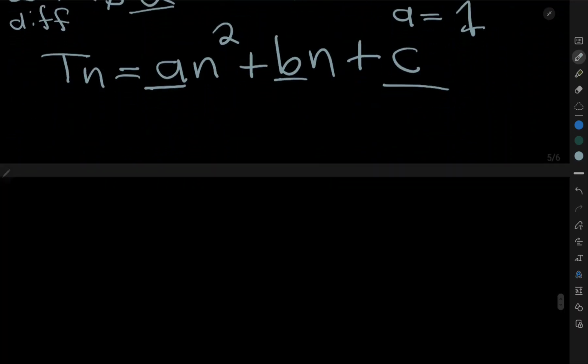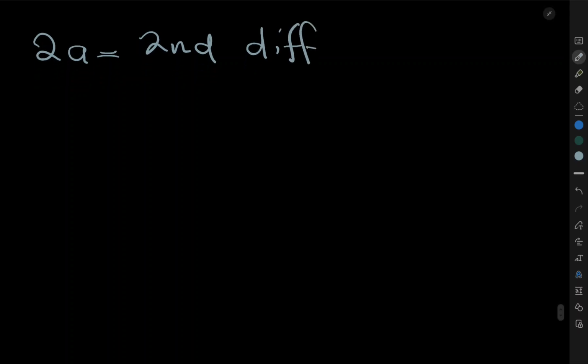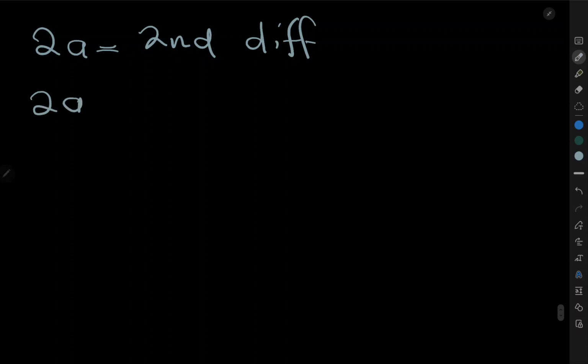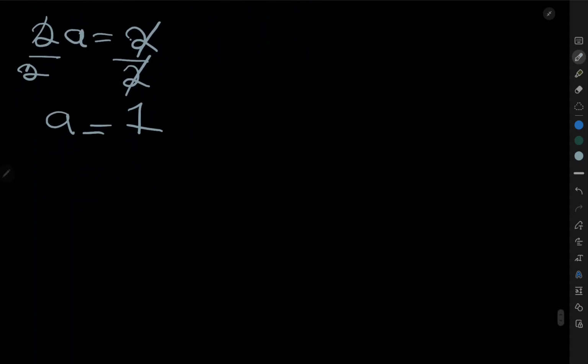I'm just going to rewrite that on the next page so that you can see. We say 2a is equal to the second difference, which we've already seen was 2, and we divide that by 2, and that gives us 1. So now we've determined the value of a.